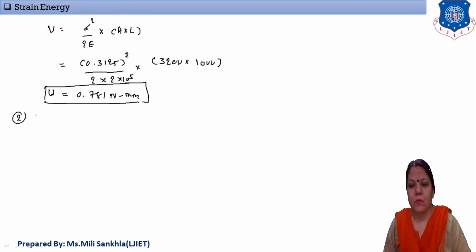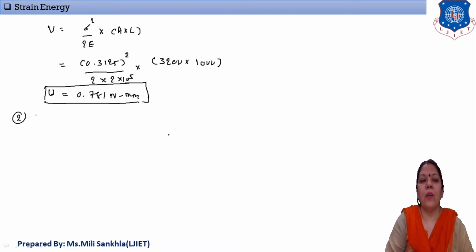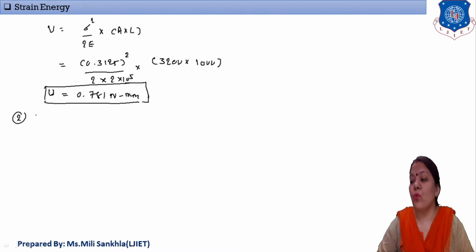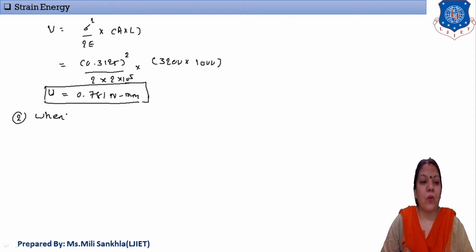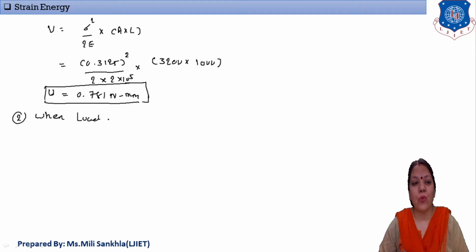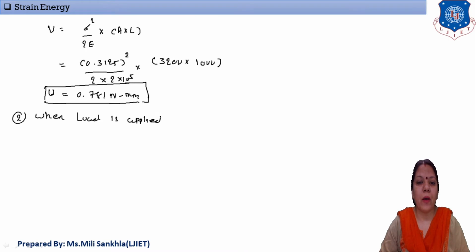Now the second case. Sorry, the first case, gradual, is complete. Now second, when load is applied suddenly.